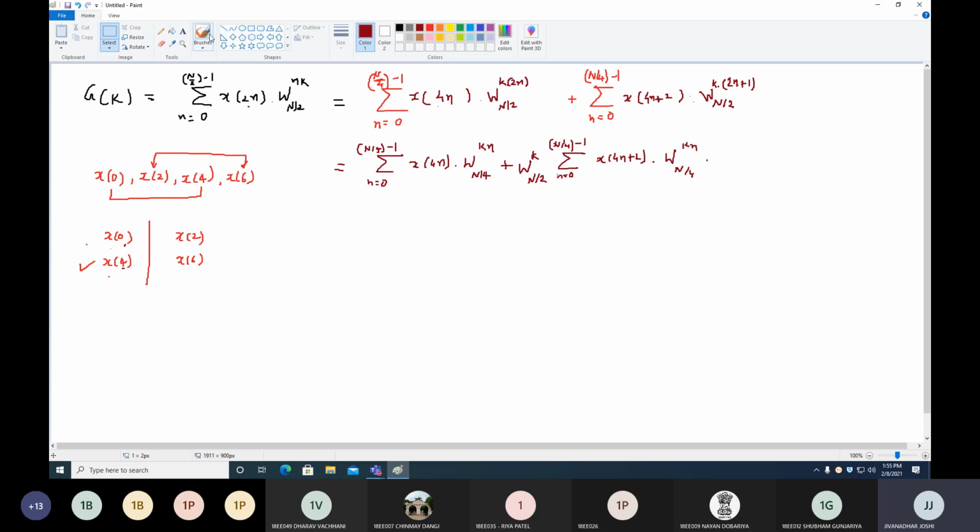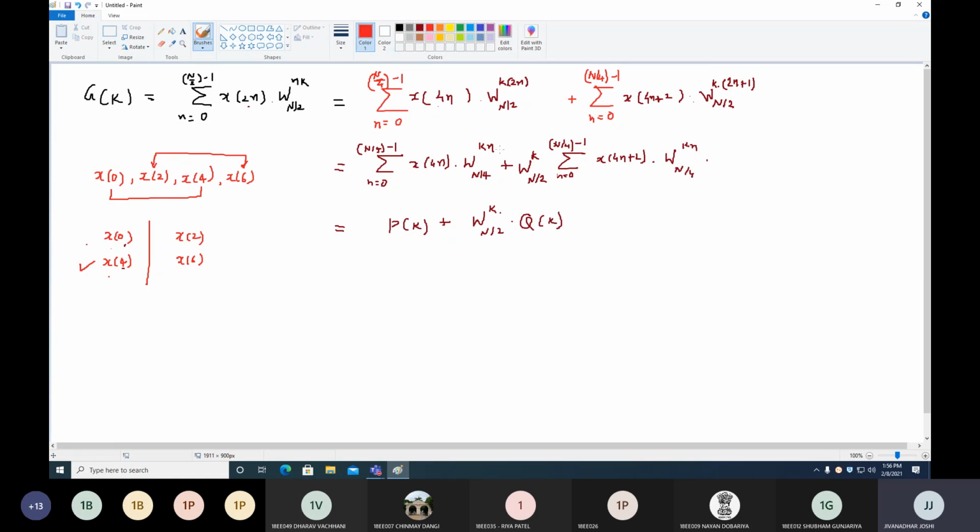So let us give some nomenclature over here like we did for g of k and h of k. Sorry, x of k equal to g of k plus wn raised to k into h of k. Similarly, doing over here, I can write down p of k plus wn by 2 raised to k into q of k.